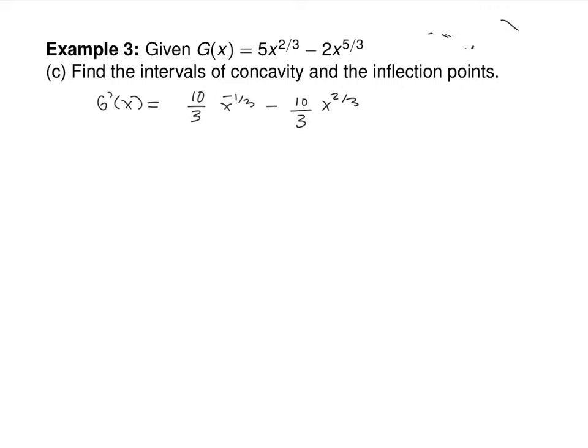It's going to be easier to differentiate that than take the derivative using the quotient rule, right? So g prime prime will be negative 10 ninths x to the negative 4/3, minus 20 over 9 x to the two-thirds. Minus, you're taking the derivative, not the integral. So negative 1/3.